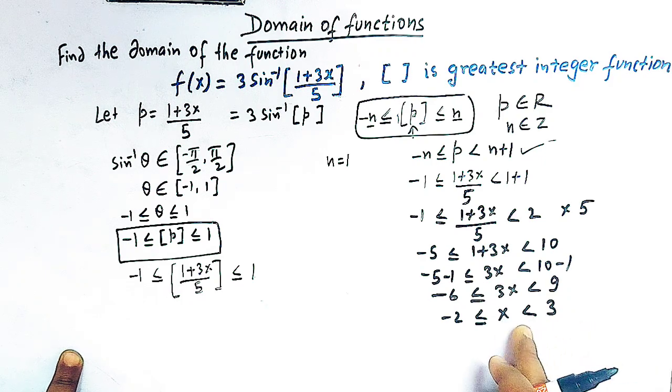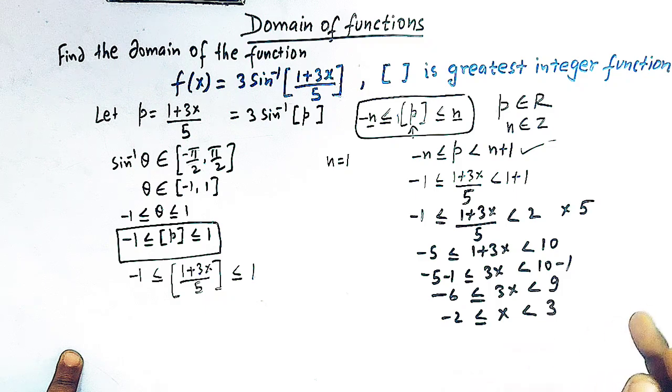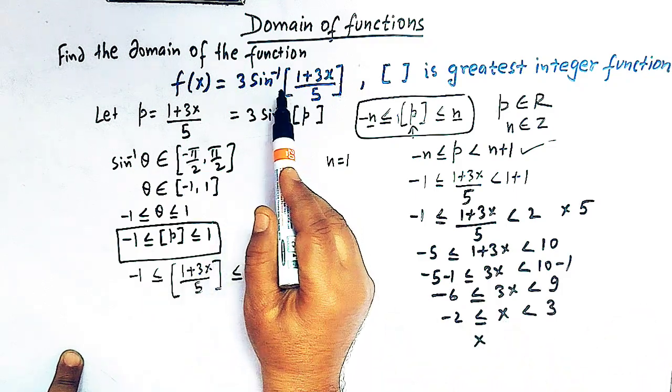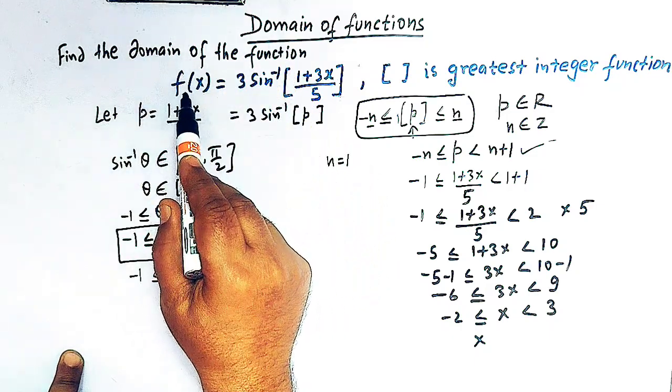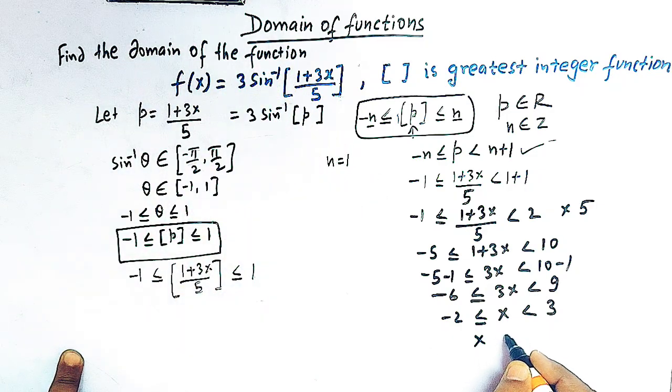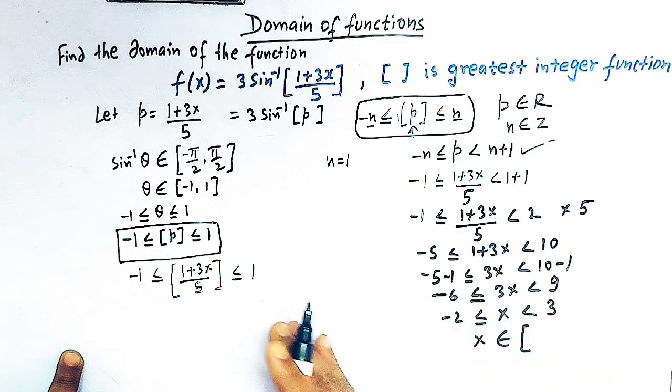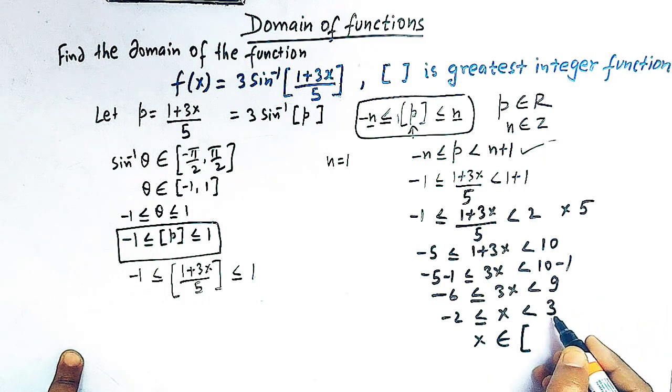From this inequality we can conclude that the valid values of x for which this function is defined, that is the domain of this function f of x, should be given by this interval which is closed from the left and open from the right.